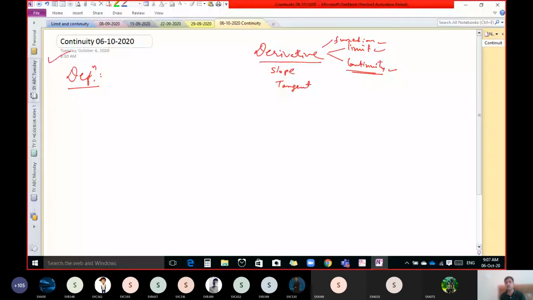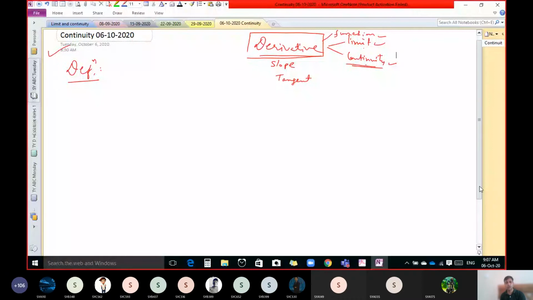That is why we have to study this chapter. To get the idea about this big and very useful topic, derivative, we require to know about limit as well as continuity. There are a lot of uses that we will study in our next semester regarding derivative. Okay, now let us start.